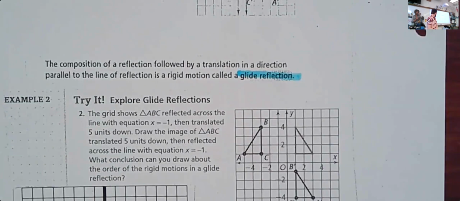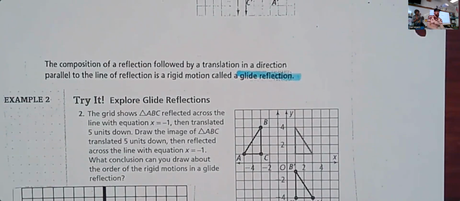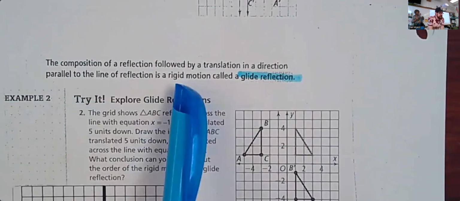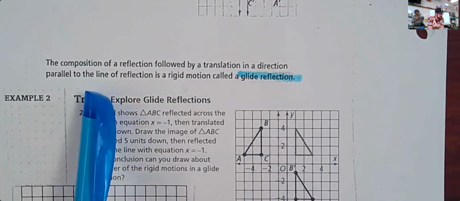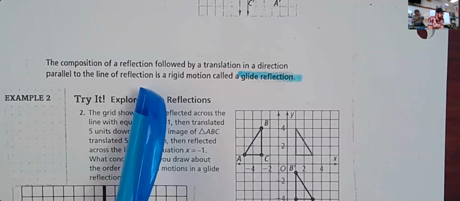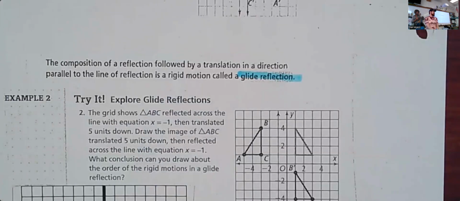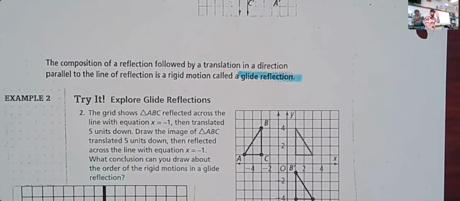And a glide reflection happens when you have a reflection followed by a translation in a direction parallel to the line of reflection. Basically, it means if you reflect horizontally, you are going to translate vertically, okay? If you reflect vertically, you will end up translating horizontally.